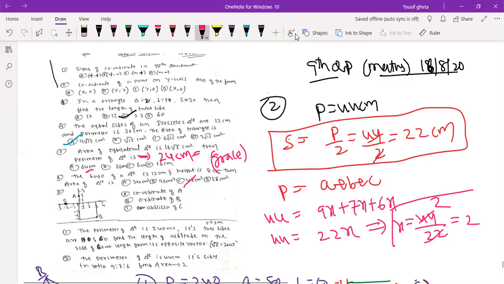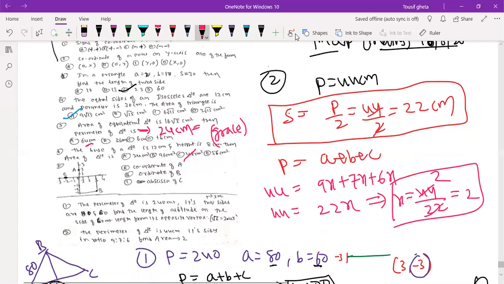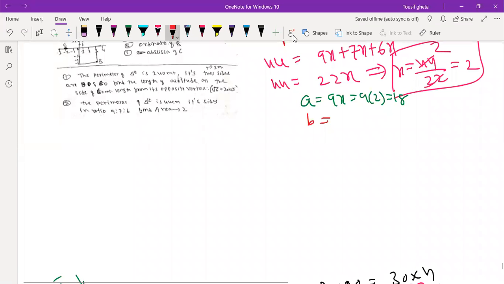Now you can find out each side. a is equal to 9x, so 9 into 2 is equal to 18. b was 7x, so 7 into 2, 14, and c is 6x, so 6 into 2, 12.